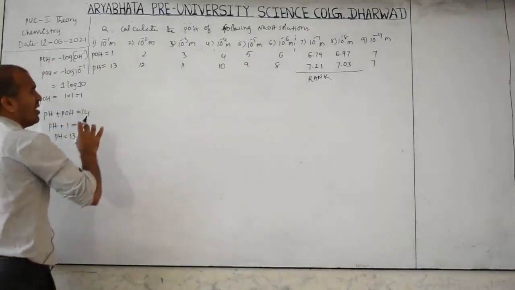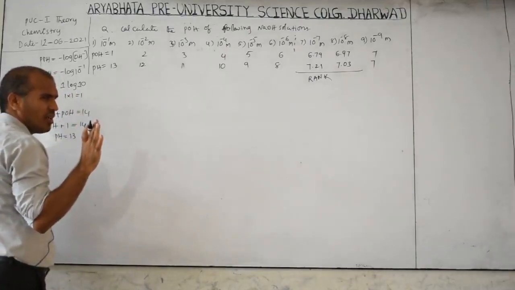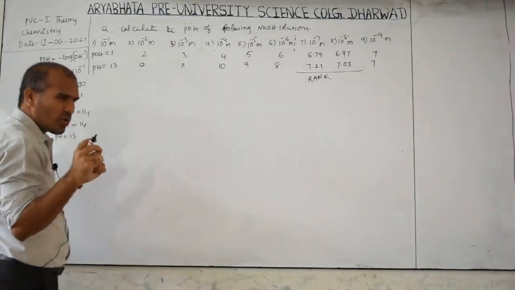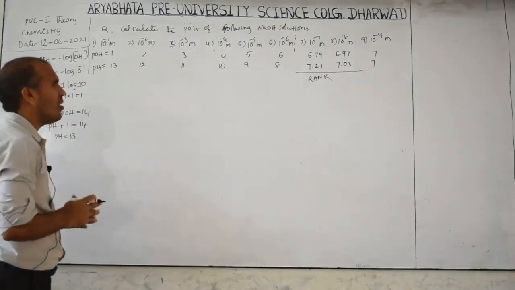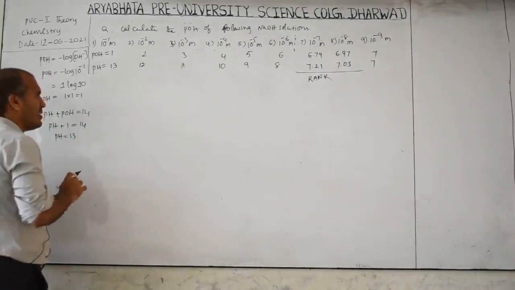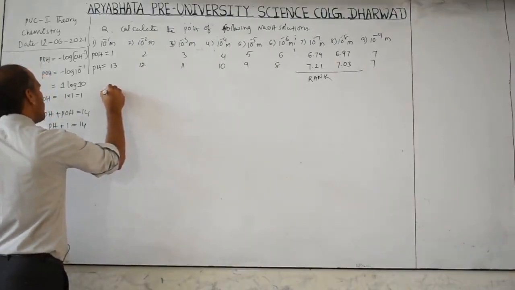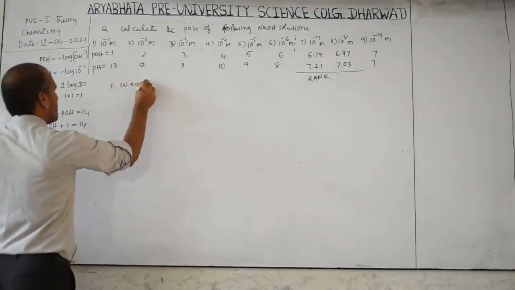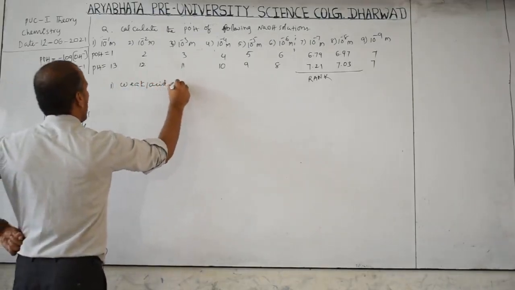So now the strong acid, strong base part is completed. Clear? When strong acid and strong base are mixed, we will see later what will happen. Now I will talk about the weak acid, the second one. Weak acid pH.